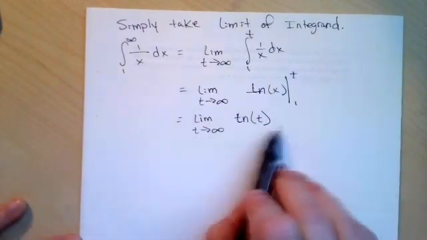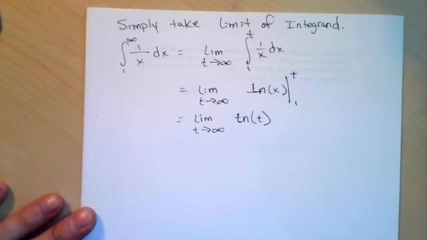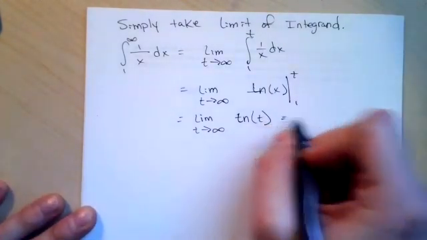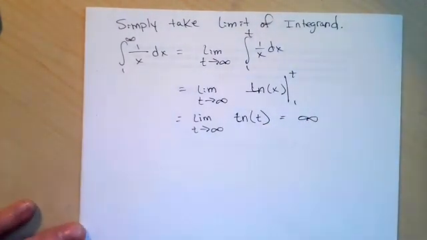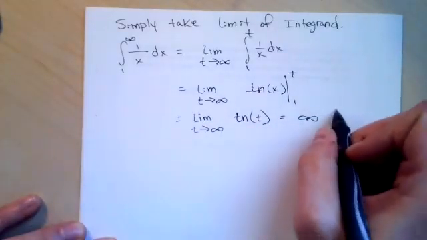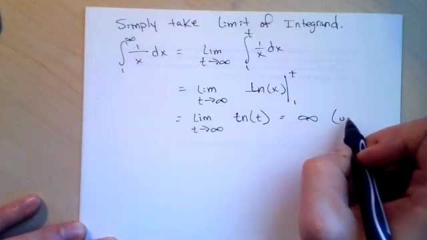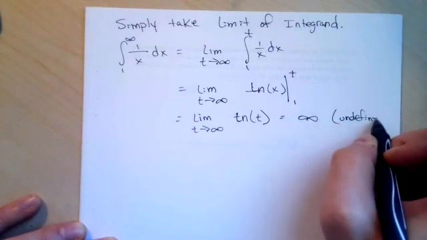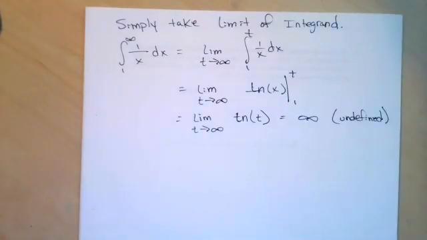And now what happens when we take the limit as t goes to infinity of natural log t? It's infinity. I don't know if WebAssign likes undefined. Sometimes on WebAssign you type in DNE, does not exist. I don't like that. DNE is not good. I want to start differentiating between does not exist and undefined or infinity. Let's call it infinity, and I want you guys to start using infinities.